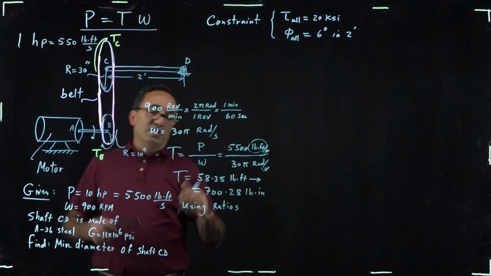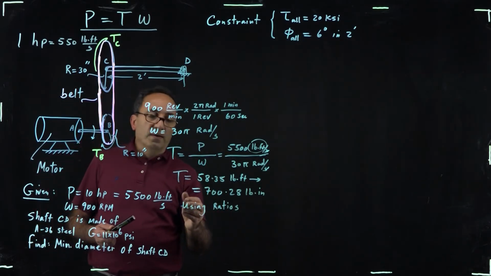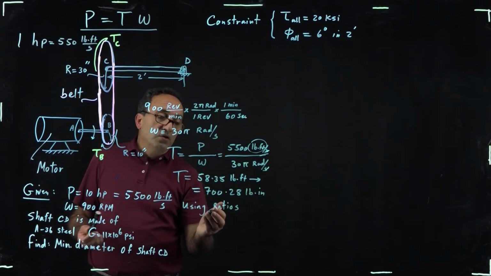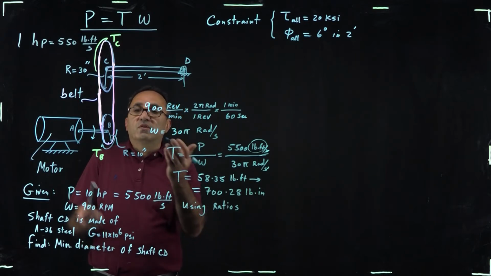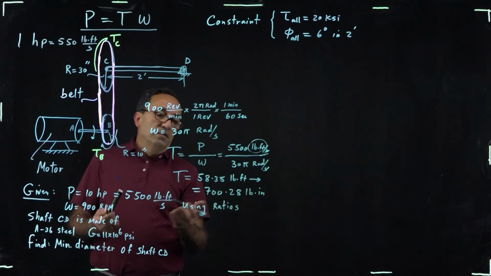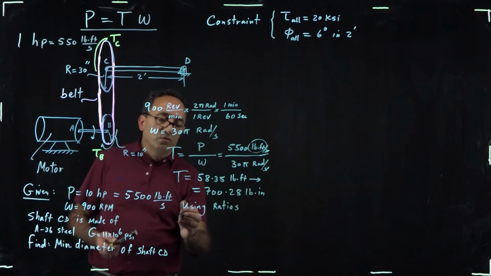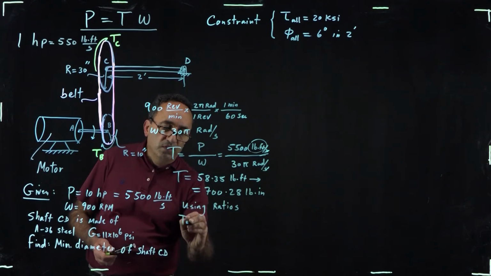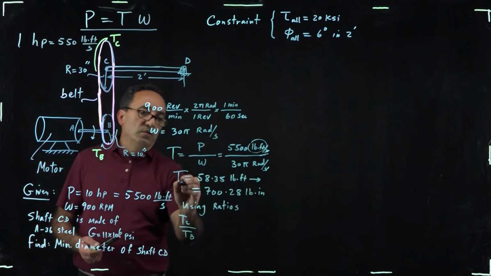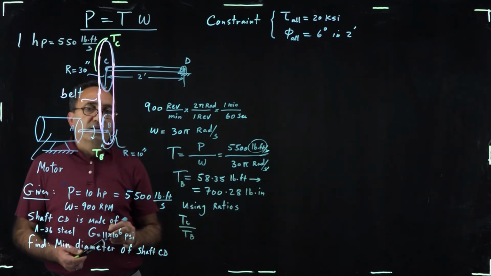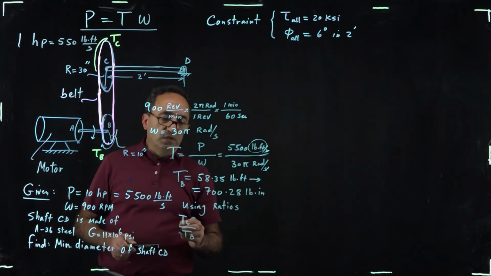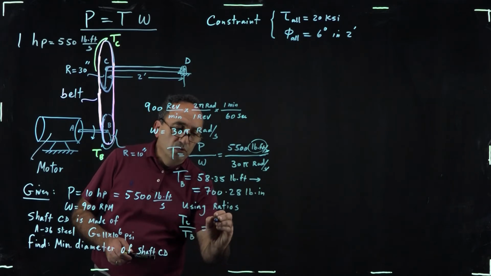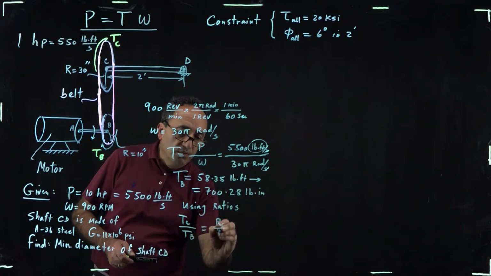Using gear ratios, we could say that the larger the gear, the larger the torque. The size of the gear is proportional to the torque. So TC over TB, where TB is the torque I calculated here acting on shaft AB or the pulley B, is equal to RC over RB.